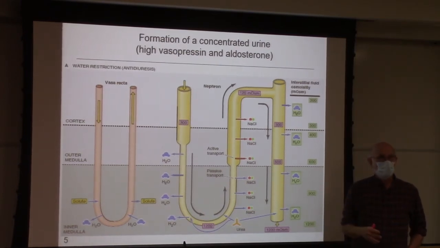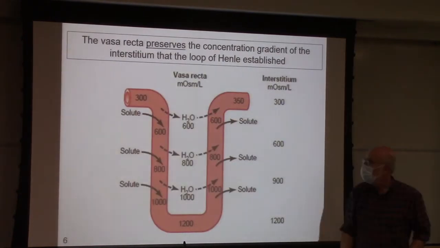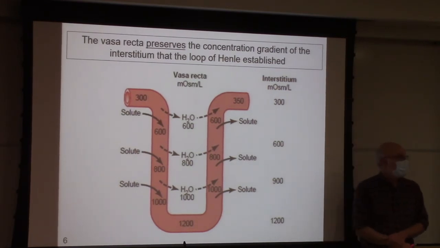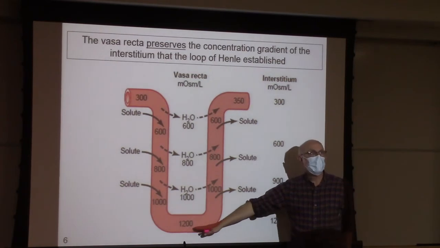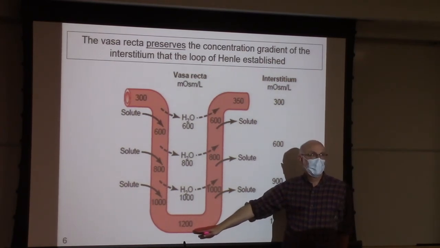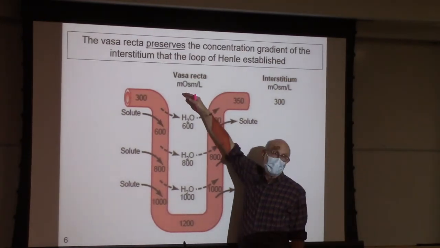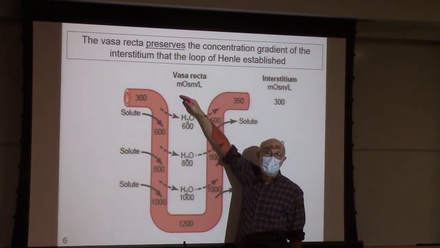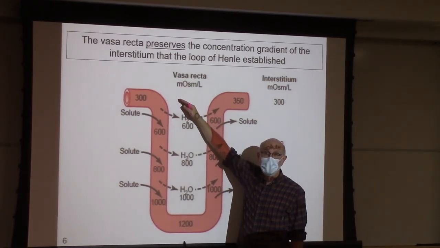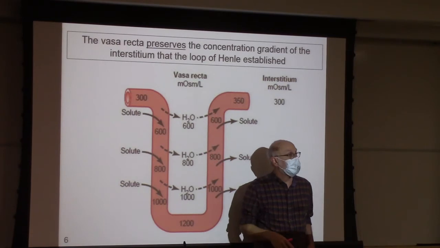That's really all. So you don't need to know the numbers here. It's just that the numbers are trying to illustrate that we have a highly concentrated solute and a dilute and an isotonic solute concentration in the blood, as well as in the interstitium.